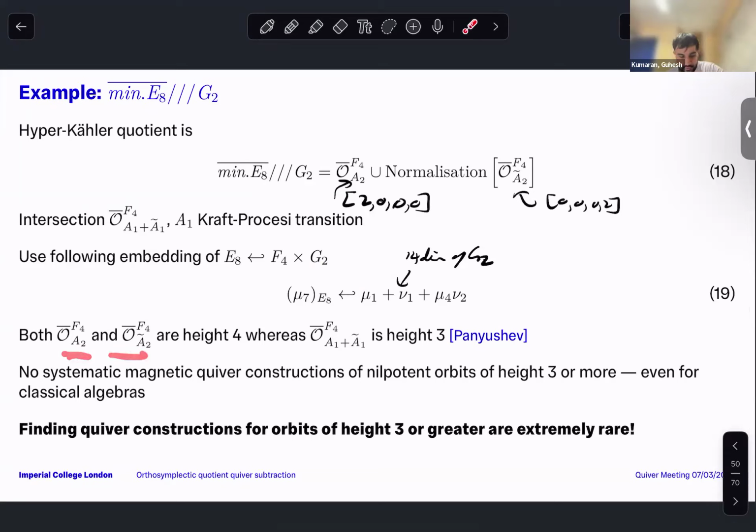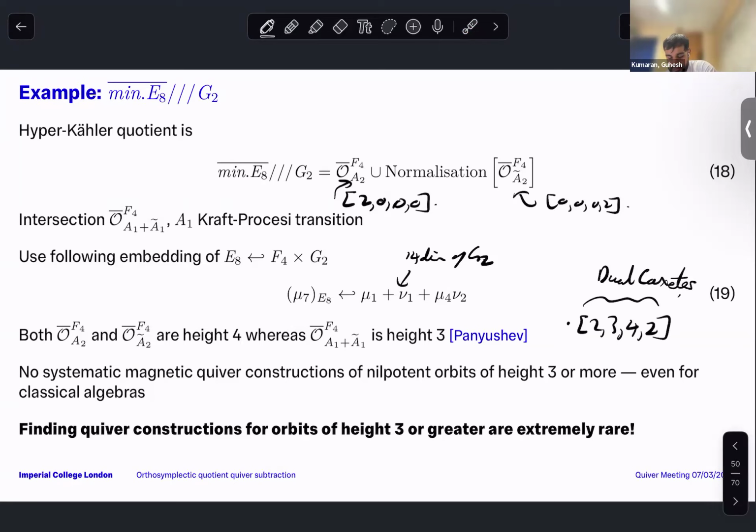So again, if you don't know what height is, for F4 it's defined in a simple way. I take this set of 4 numbers and I take the dot product with the Dynkin-Coxeter labels of F4.